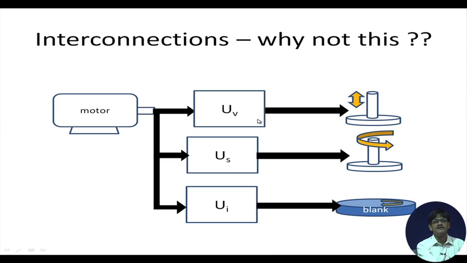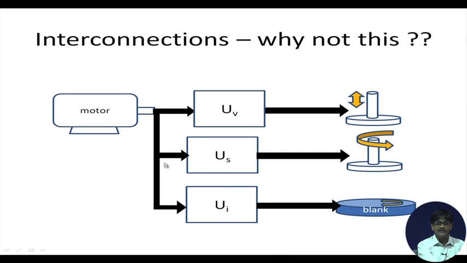So, if you double the speed in this configuration, unfortunately, you will find that you have reduced the feed by a factor of half. So, this sort of direct connection of the gearboxes with the motor, at least for these two, is not admissible.